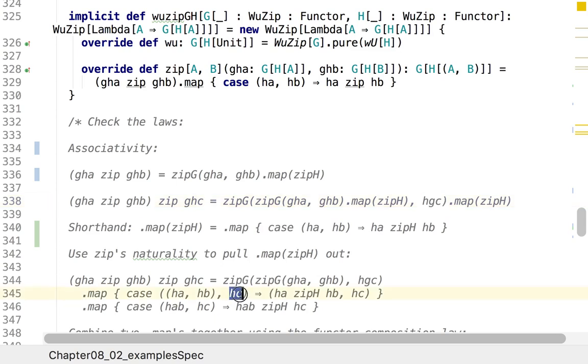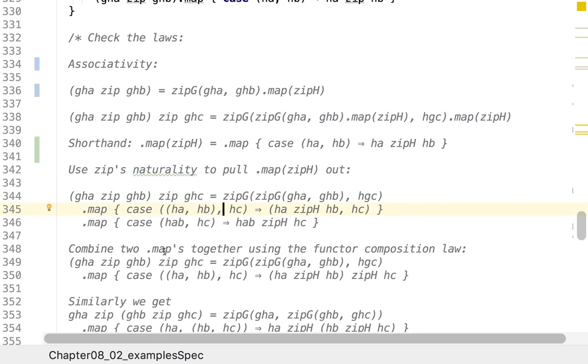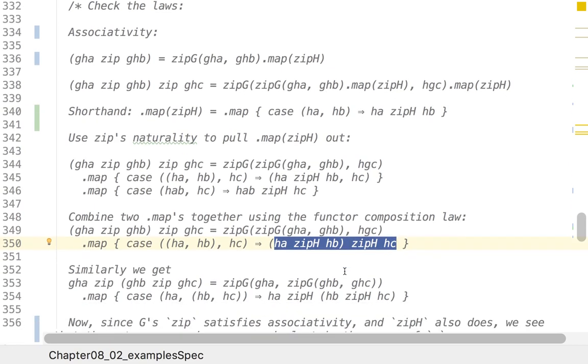So then HC needs to be outside of this tuple. So that is the result. Now we can combine these two maps together using the function composition law. We first compute this, and we match on that with this case, and we have this result. Now, obviously, this is an associative combination for zip H, where we could omit parentheses.